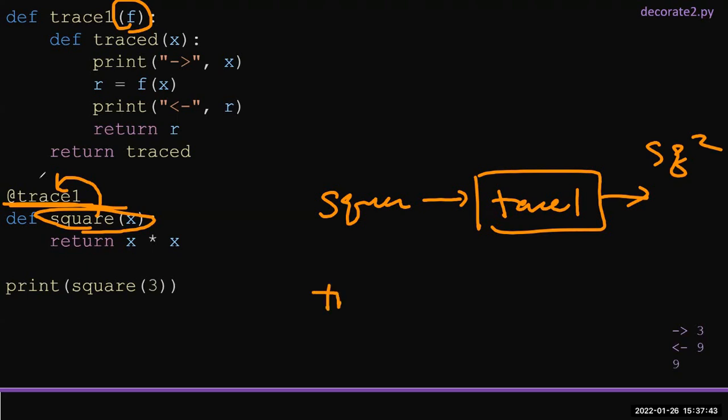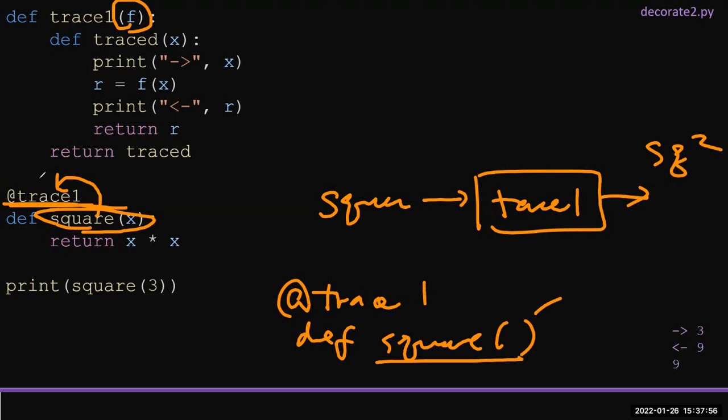Okay, trace, on the definition of the square. So this one will transform the square function into a square 2 function. That's what we call a decorator.